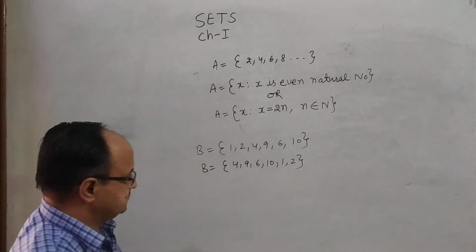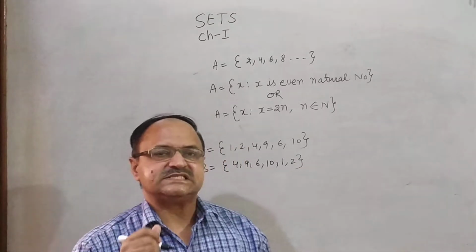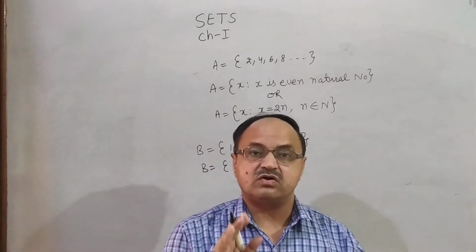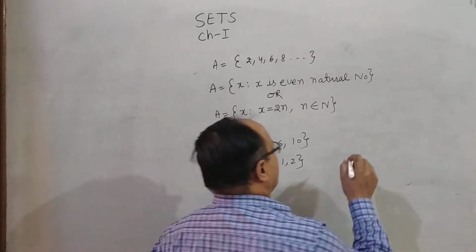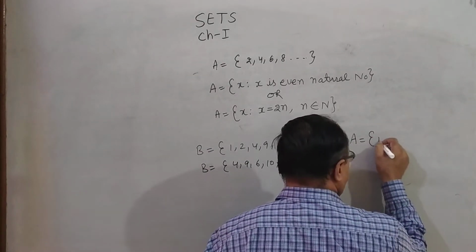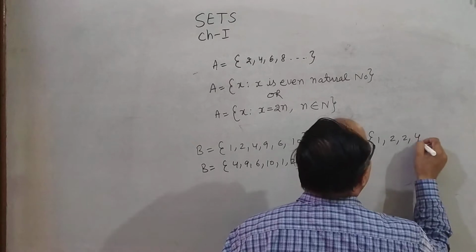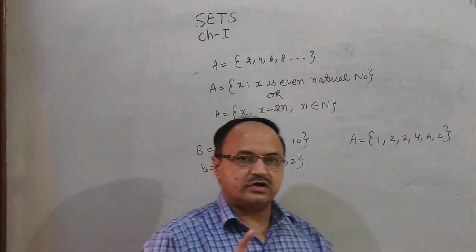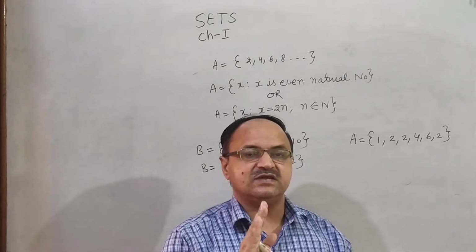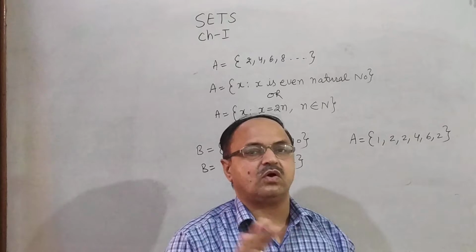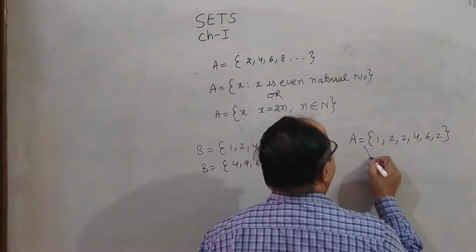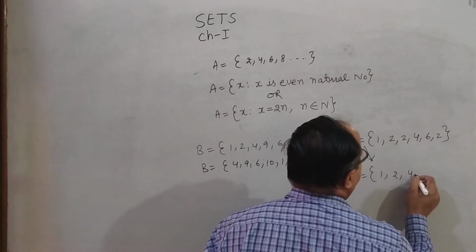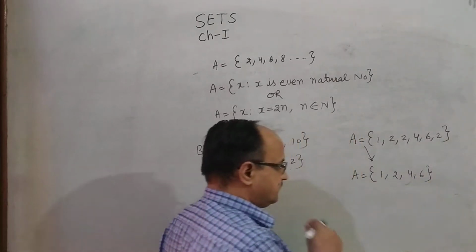The same meaning. But you know that in sets, elements are not repeated. You can't write like 1, 2, 2, 4, 6, 2. Elements or members of sets are not repeated. So you write {1, 2, 4, 6}. Clear?